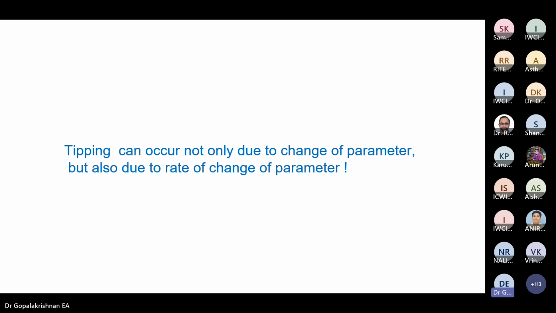Like that, if he keeps increasing, you could easily guess that when he reaches a critical threshold, even before his system really gets into a diabetes state, his health will be hampered. So the rate at which you are introducing the change itself could create a change in the system.